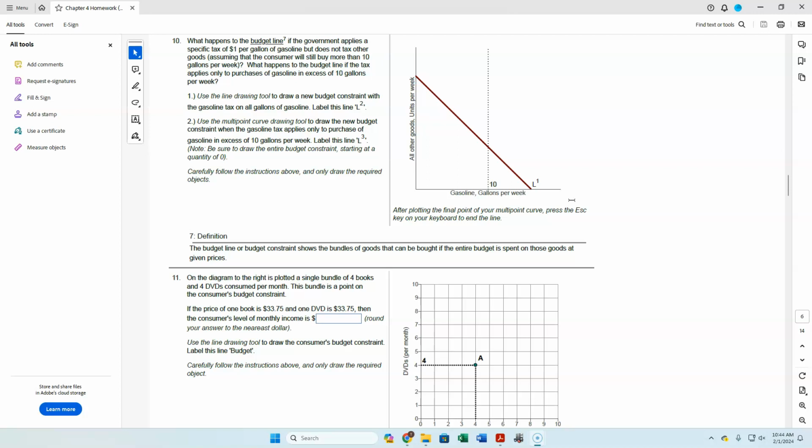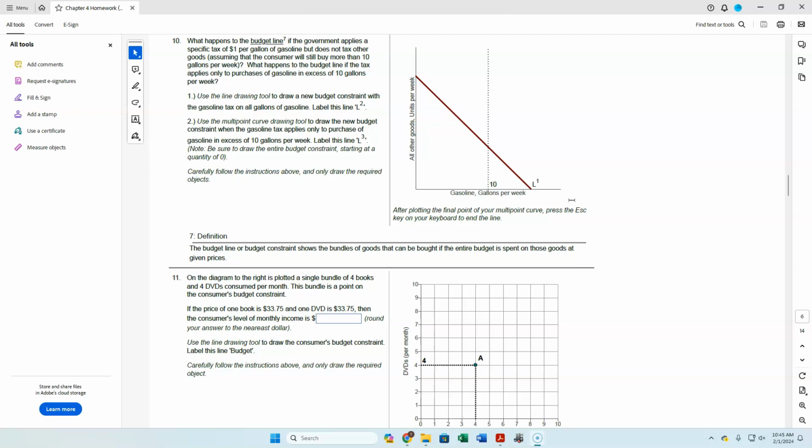Okay, now try to go a little faster here. Hopefully it doesn't reduce our level of understanding. In number 10, we've got a specific tax of $1 per gallon of gasoline, and we're looking for what effect that has on our budget constraint.